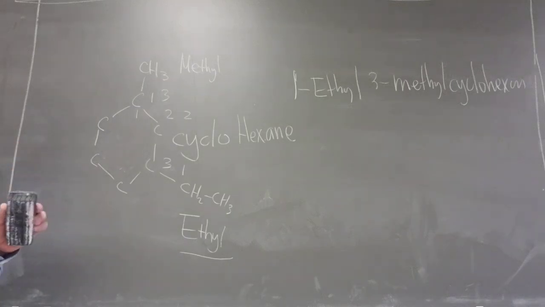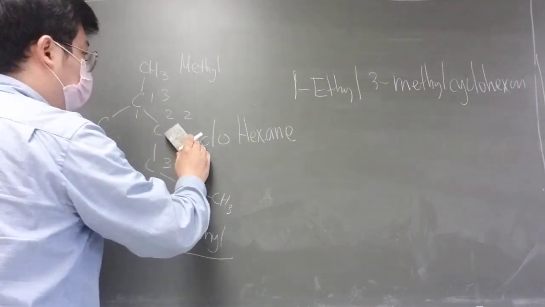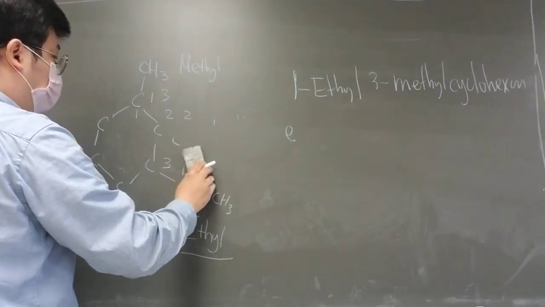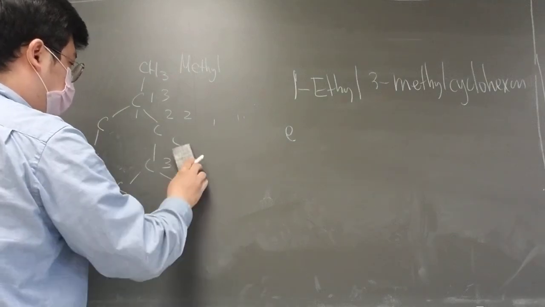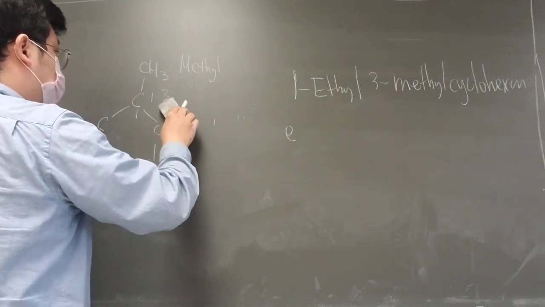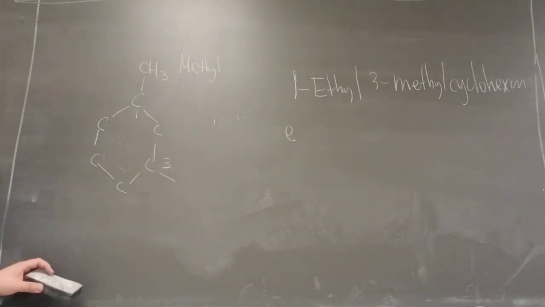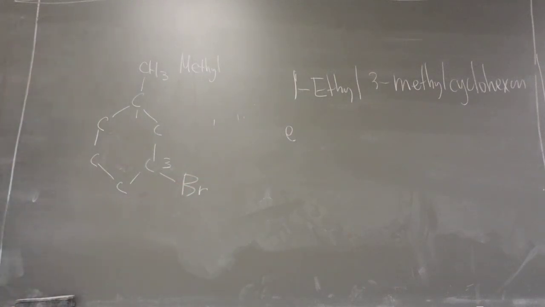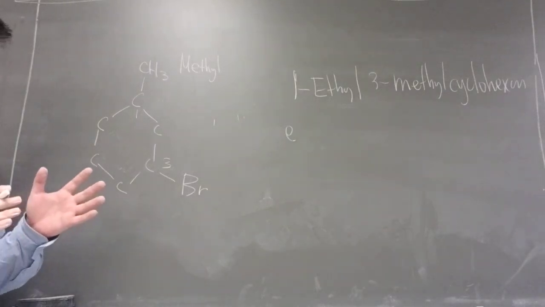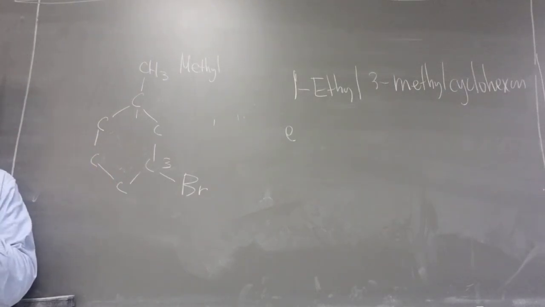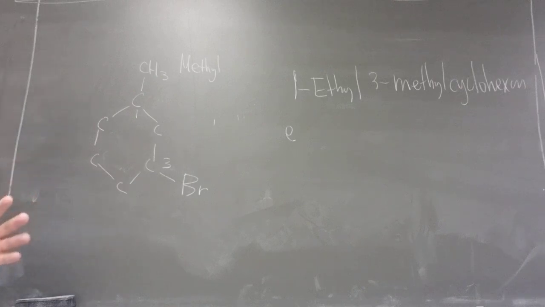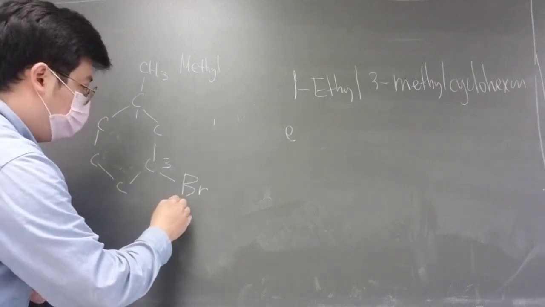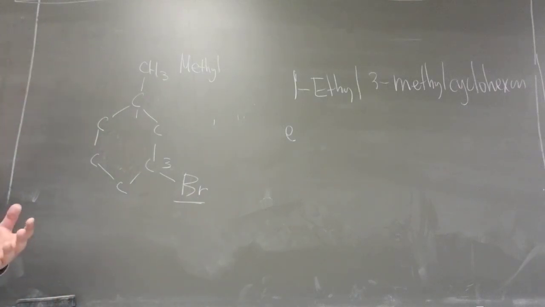The one thing I didn't cover besides this was what if we have not just a regular alkyl group, but halogen groups like bromine or chlorine. Whenever you have this type of compound, all you need to do is treat it like an alkyl group.